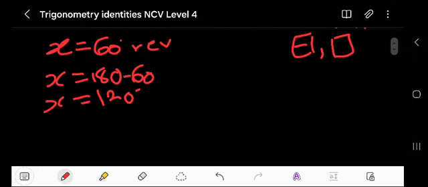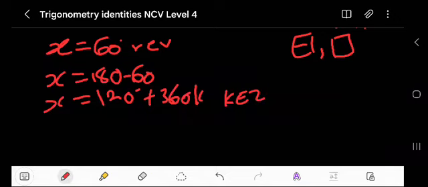For argument's sake, I can say plus 360k, where k is an element of integers.